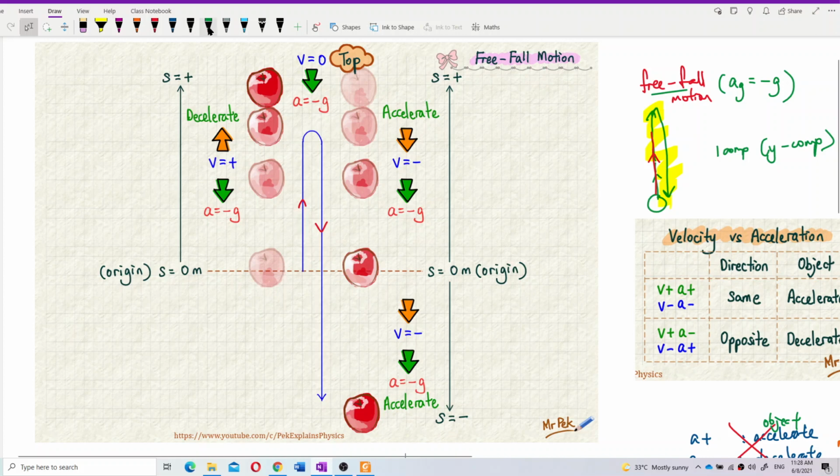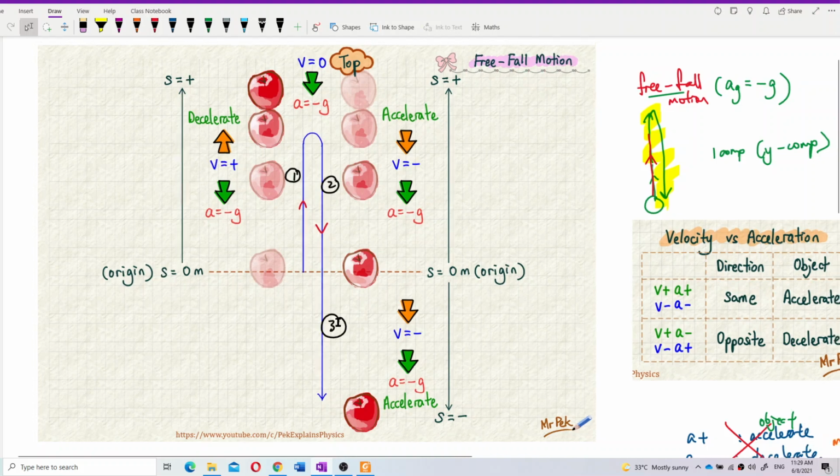I want to break it into 3 parts. The first part is going up until the top position, the second part is going back to the origin, falling back to origin, and then the third part is going below the origin. I want to discuss the displacement, velocity, and acceleration for each of these different parts.